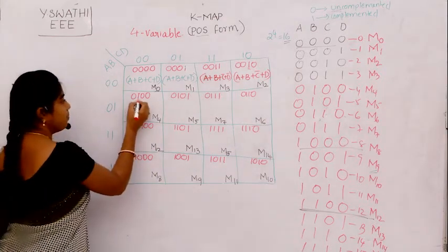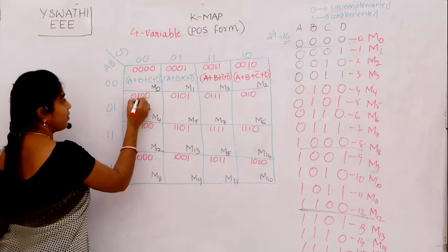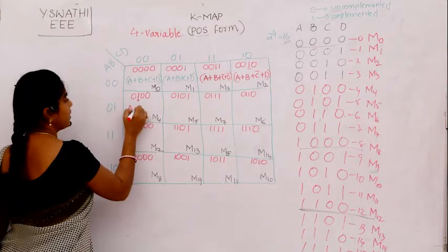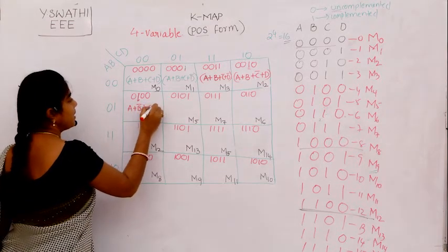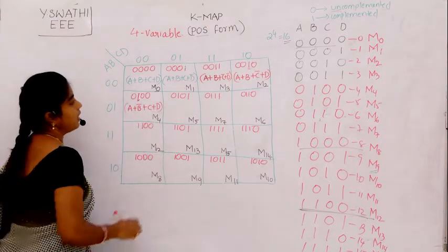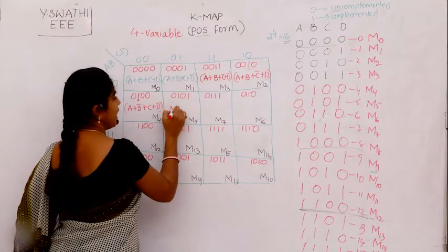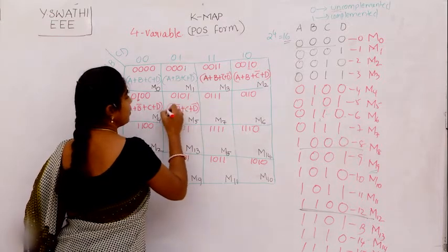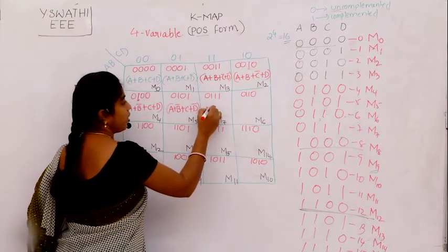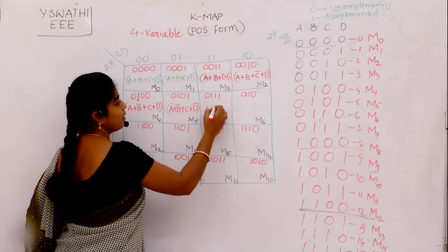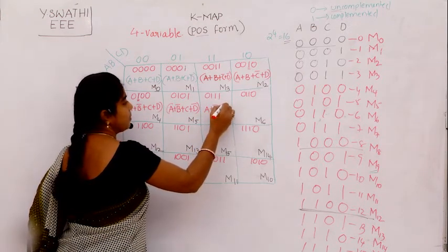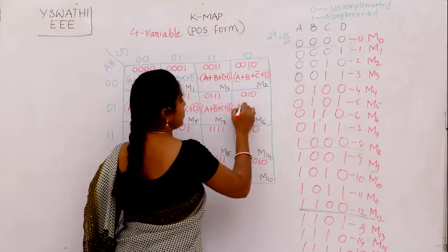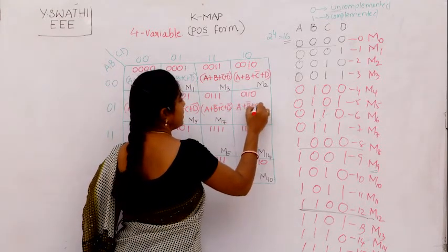Here B's place has 1, meaning B is complemented: A plus B bar plus C plus D. The next one, 0101: A plus B bar plus C plus D bar. Then 0111: A is uncomplemented, B, C, D are complemented, A plus B bar plus C bar plus D bar. And 0110: A plus B bar plus C bar plus D.